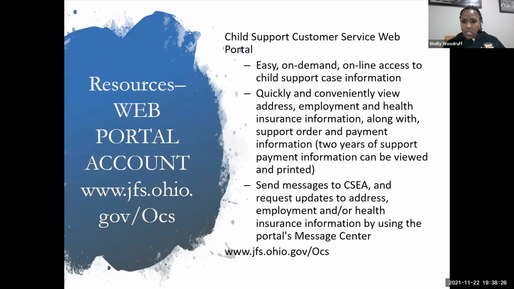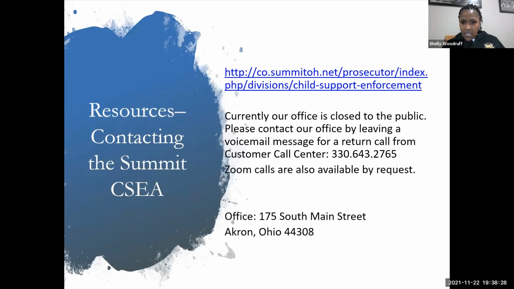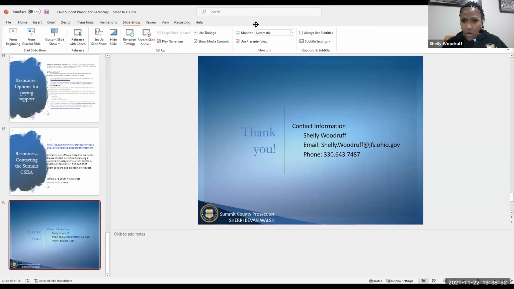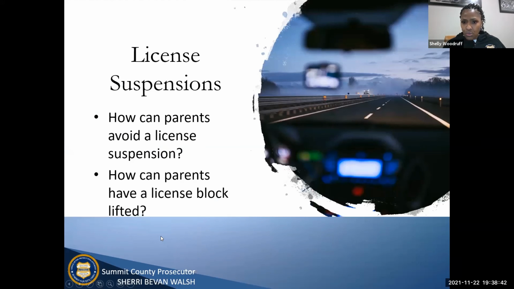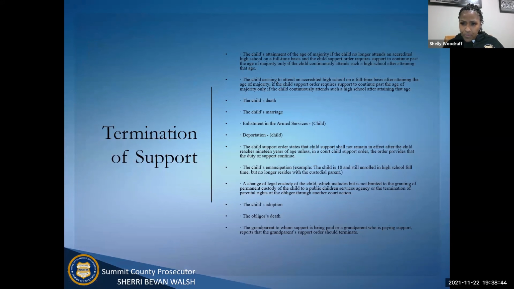There are some items listed here that tell you the reasons why we would terminate support. Of course, graduation from high school and obtaining the age of majority, or turning the age of 18, will cause us to terminate a support order.